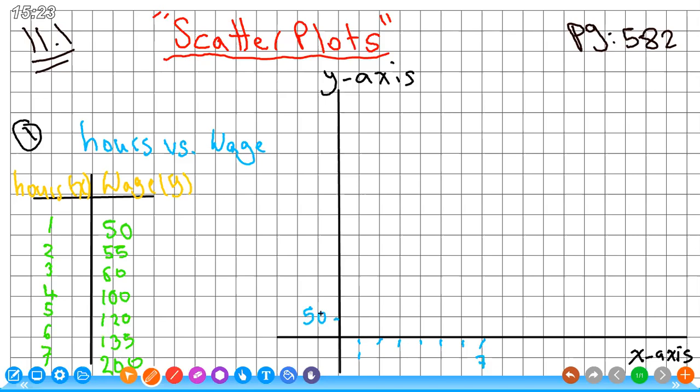But then we need to decide how much each square on the graph is equal to in terms of money, the wage. We need to check how many squares we have: 1, 2, 3, 4, 5, 6, 7, 8, 9, 10. We have around 10. So let's say 50, 60, 70, 80, 90, 100.